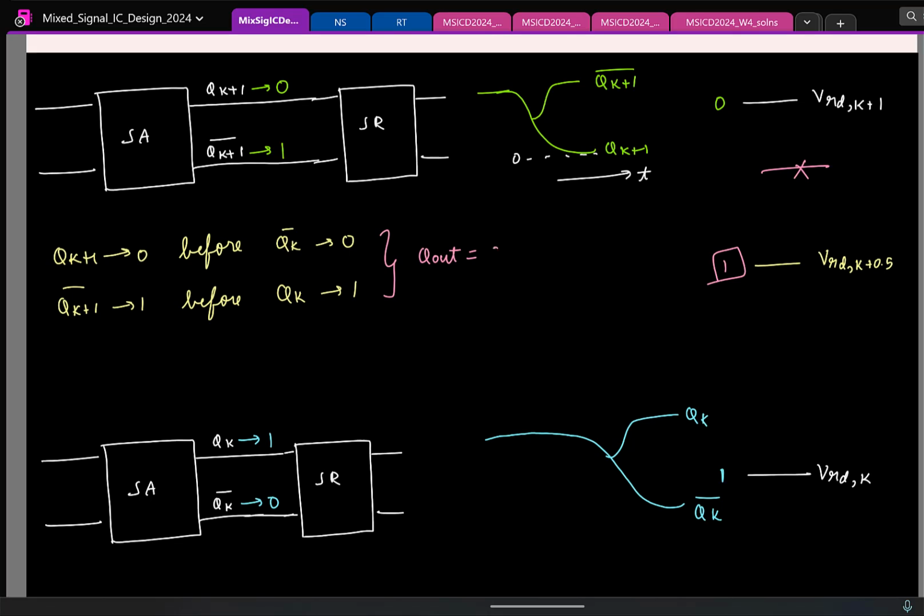So the statement, I'll just reverse it. Now it is Qk bar goes to 0 before Qk plus 1, or I can say Qk goes to 1.